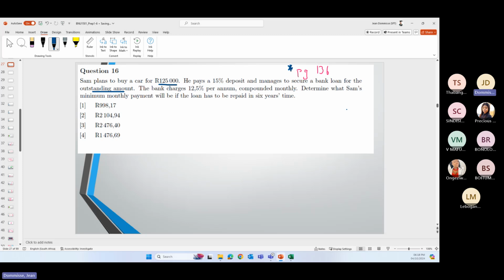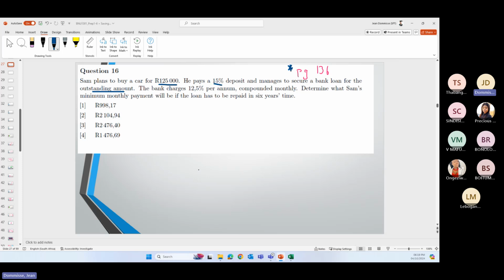So there is an example like that, example 7.5, that is very similar in your study guide. So on page 136, there's an example that is very similar to this one. Okay, so Sam plans to buy a car.